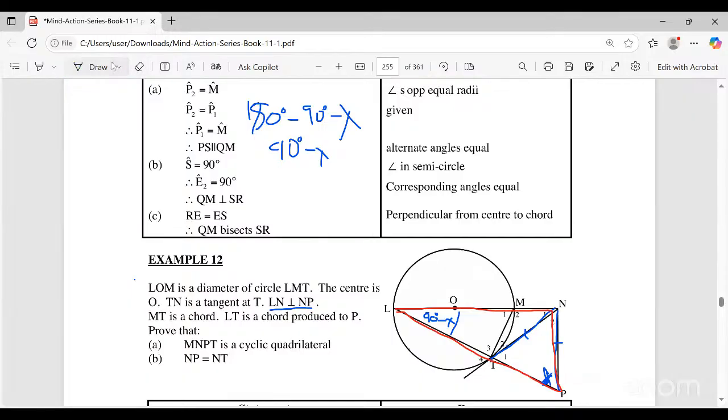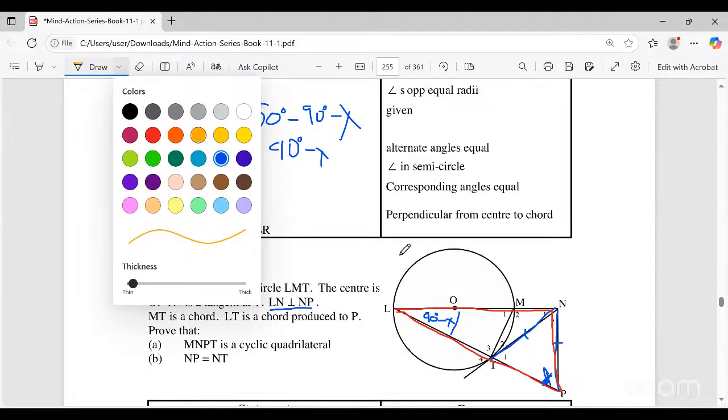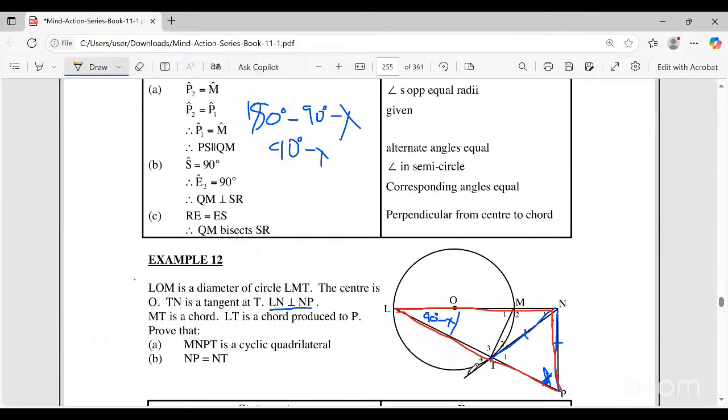Now, let's come to the whole circle LTM. This is a tangent to the circle, and we've got this triangle LTM in the circle. That angle there is going to be equal to this angle here.